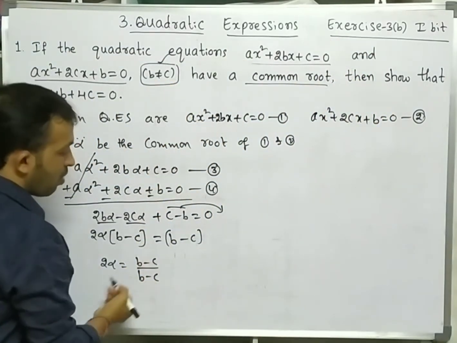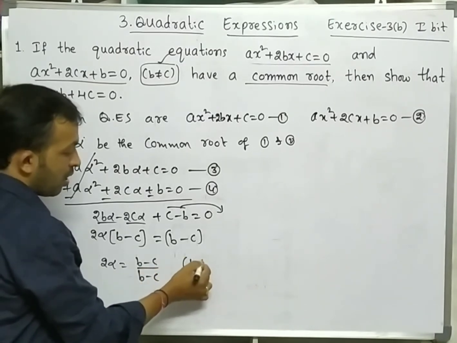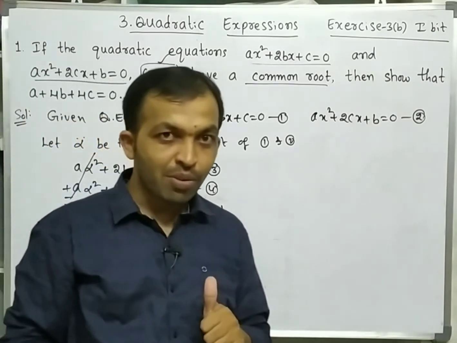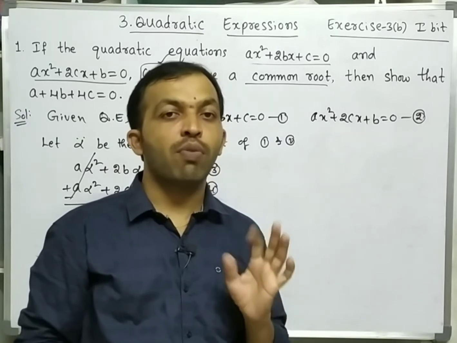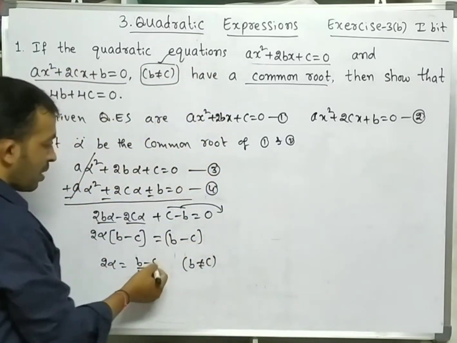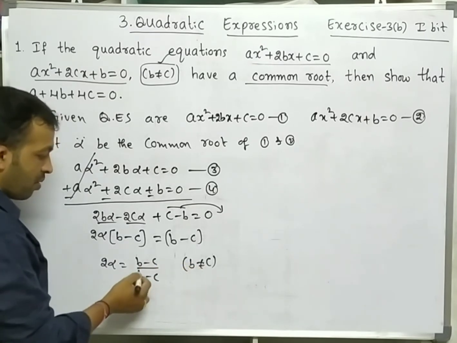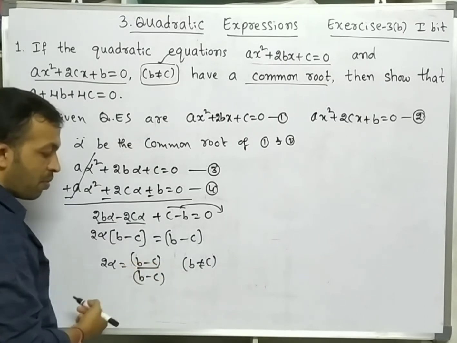If b is equal to c, then the denominator and numerator become 0. So then 0 by 0, what is it? 0? No. Is it 1? No, it is not defined, it is an indeterminate form. Okay, so it is of the form 0 by 0. So that's why the condition is b not equal to c.